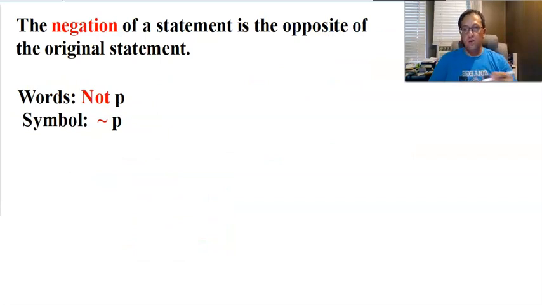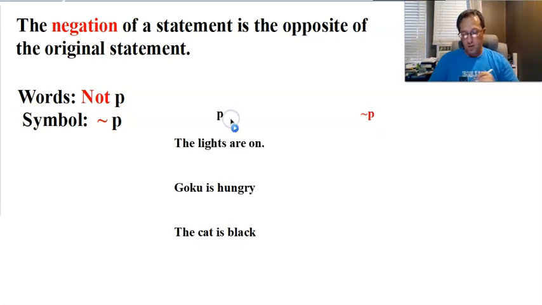Now, what we're going to look at here is negation. The negation of a statement is the opposite of the original statement. So in words, we might say not P. With symbols, we have this little squiggle right here. That little squiggle means not. So this is not P. Okay? We're going to do a couple of examples here just to look at this.